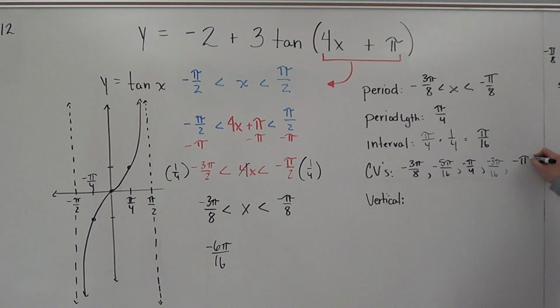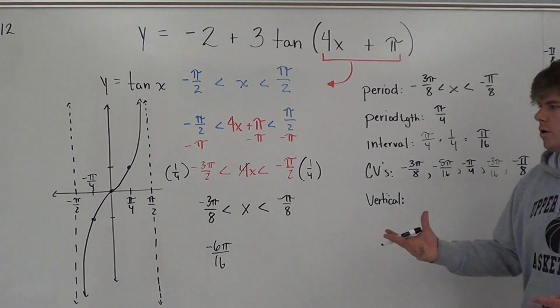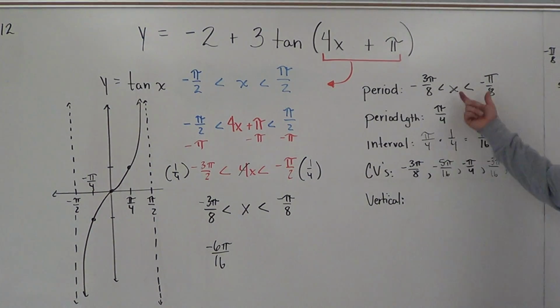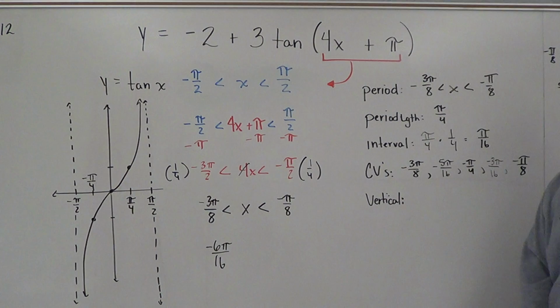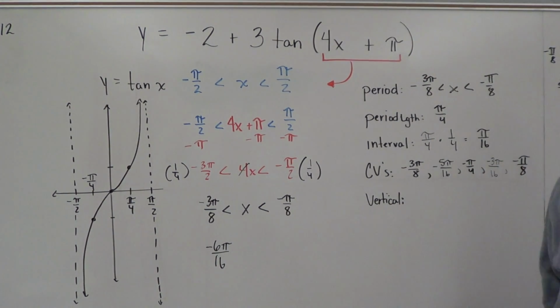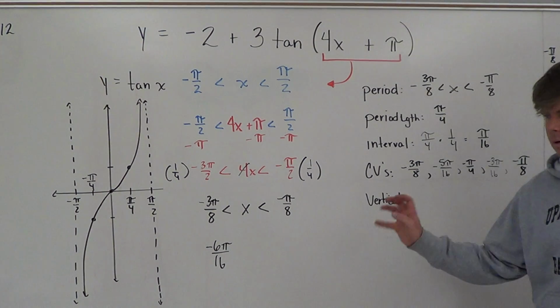So my last value here is negative pi over 8. These are the values that I'm going to use for my graph when I start to graph it. I'm just recording all of this information to help me organize it, so when I go to graph it, there's no questions. I fly through it, I'm done.